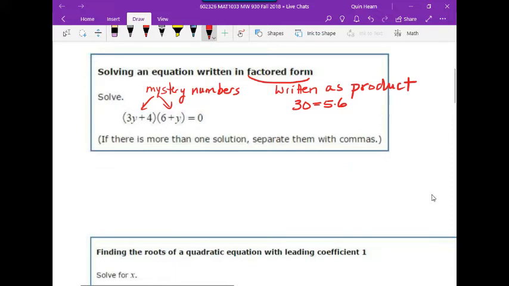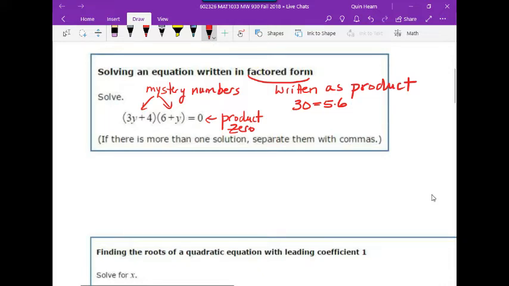If I tell you I've got these two numbers and I don't know what they are, but I know that if I multiply them together the product is 0, what does that tell you about the two mystery numbers?